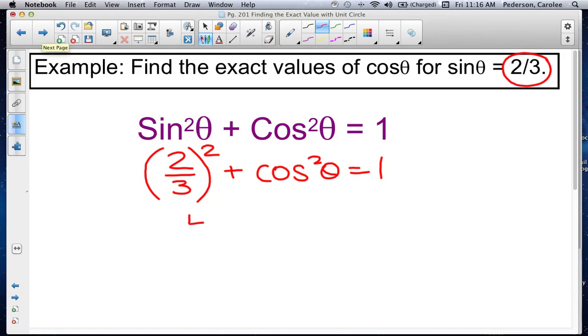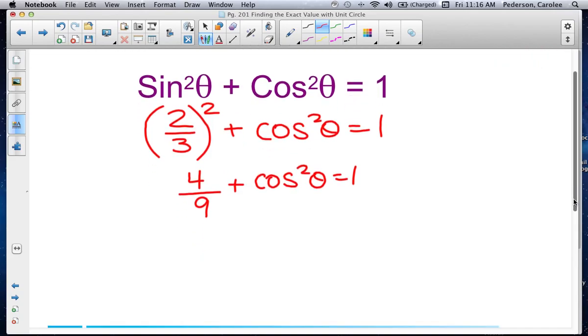So 2 times 2 is 4. 3 times 3 is 9. And we still have cosine squared of theta equals 1. Next step is to subtract 4/9 from both sides. So 1 minus 4/9.